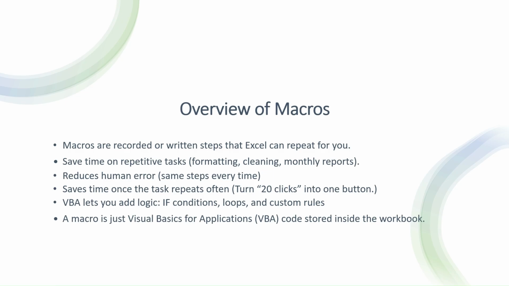Now the important point that you have to understand is that when you record a macro, Excel stores it as VBA code inside the workbook. VBA stands for Visual Basic for Applications, and it lets you go beyond recording by adding logic.